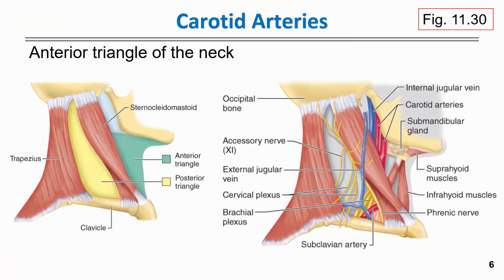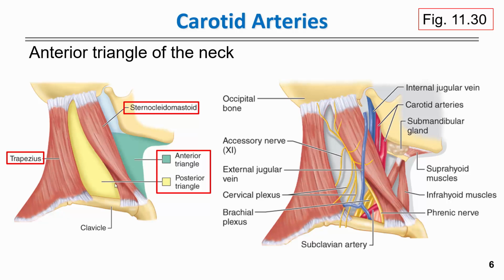One other region to focus on in the neck is what's called the triangles of the neck, the anterior triangle, and there is a corresponding posterior triangle, and these are defined by the skeletal muscles in the head and neck region, namely the trapezius on the posterior side and the sternocleidomastoid, as you can see here, that extends from the mastoid process on the posterior region of the skull to the anterior portion of the manubrium, or the most superior part of the sternum.